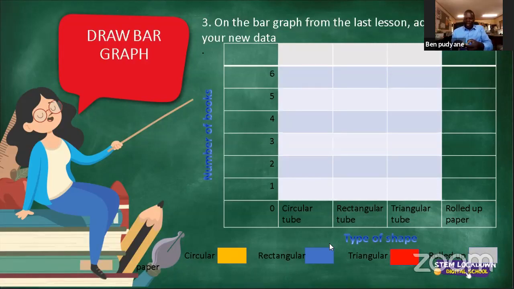Remember, on the triangular one, we were able to put 3 books. On the rectangular, we put 5 books, right? And on that other one, the one which is very strong, I think we put around 10 books.